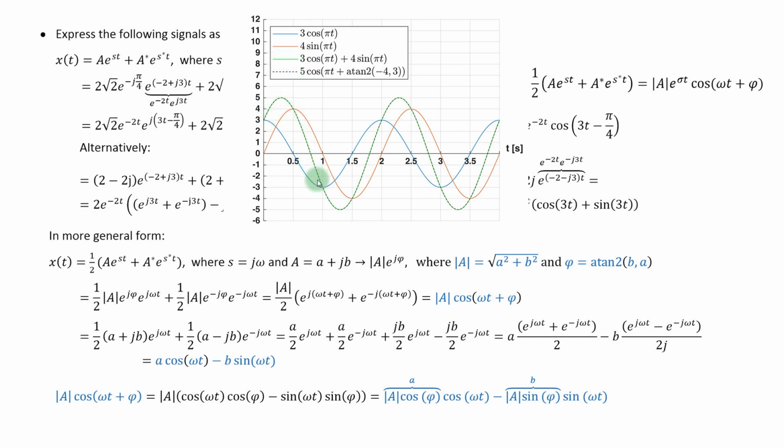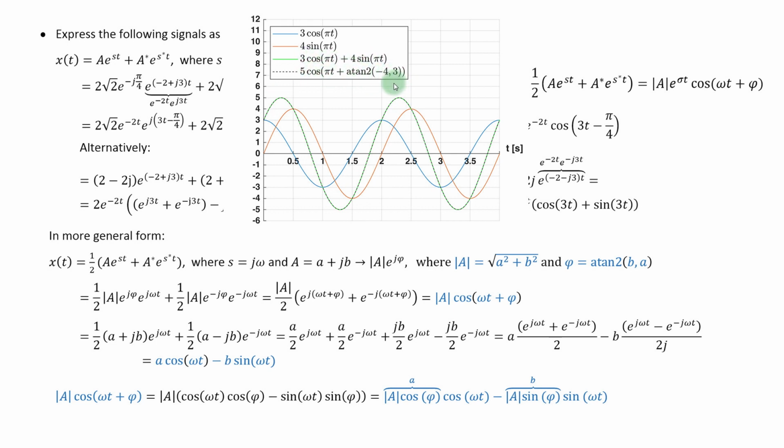This is the sum of the cosine and the sine. Also, I can express this sum using this form and these formulas, which I have done here, and I have plotted the result with this dashed line. And you can see that the dashed line exactly corresponds to the green line. So this form and this form are equivalent.